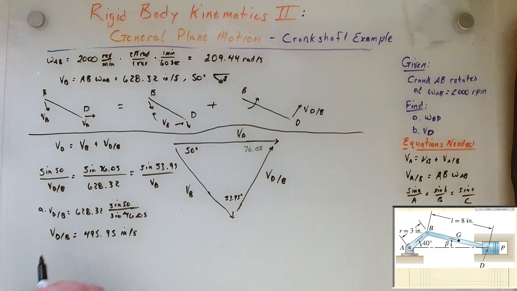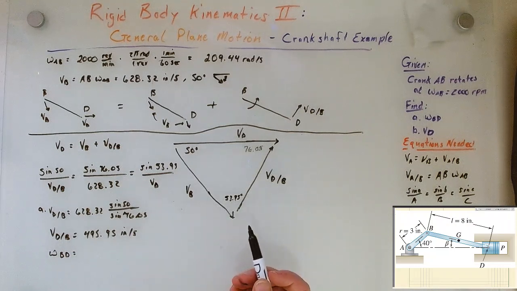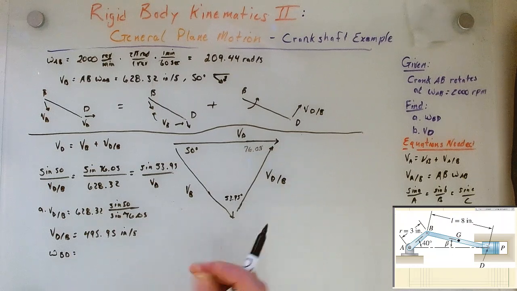In A, we're looking for the omega, so we use this relationship. Omega AB here is equal to the velocity divided by the radius, so omega BD is equal to this divided by the length, and that is 8.